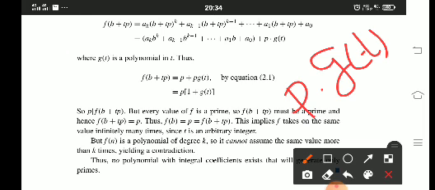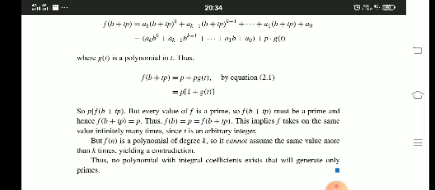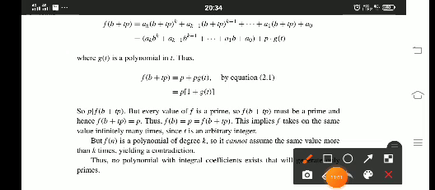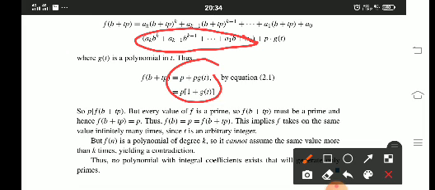Thus f(b + tp) = p + p g(t). You know that this is a polynomial.